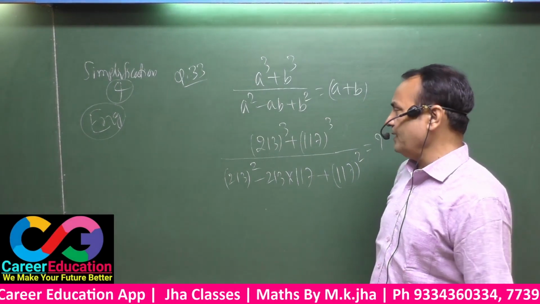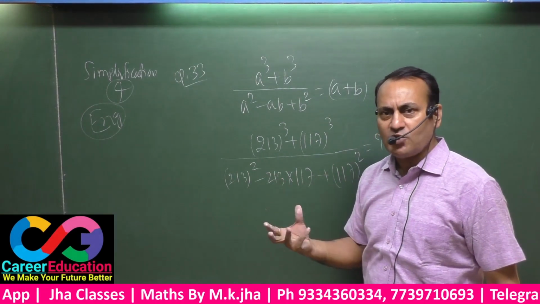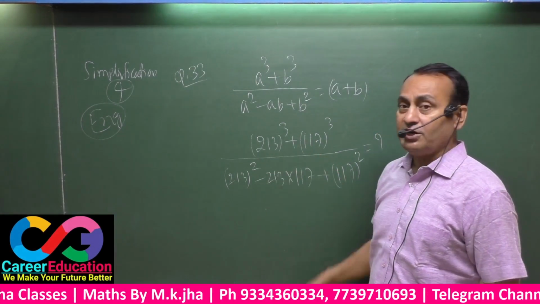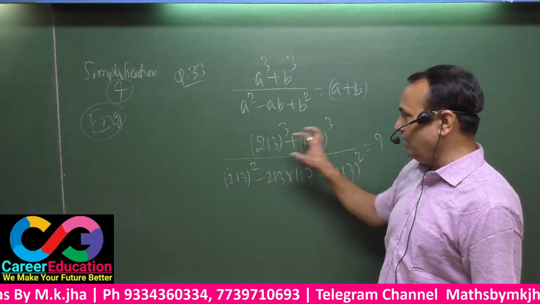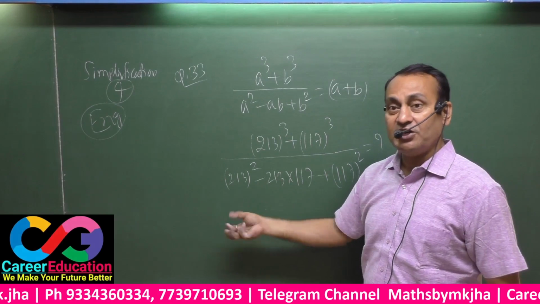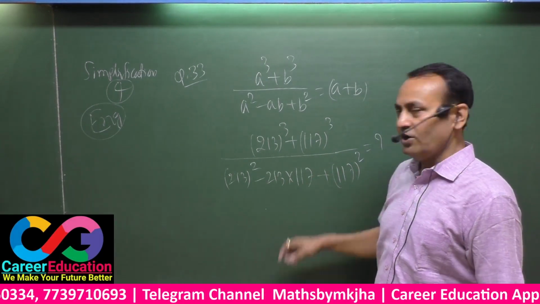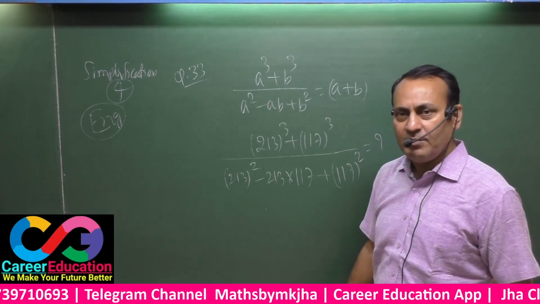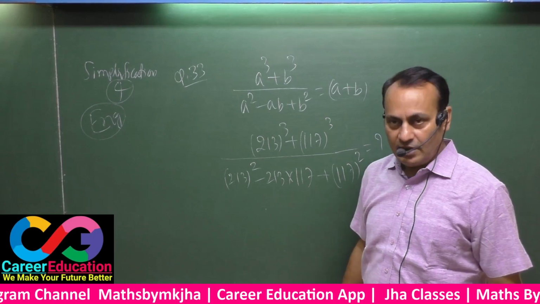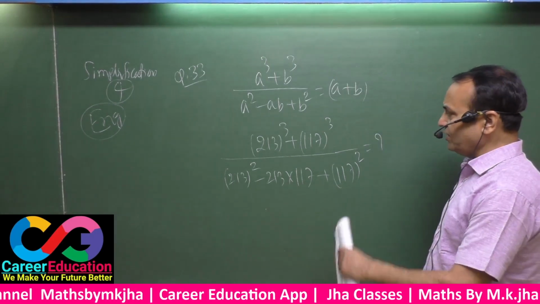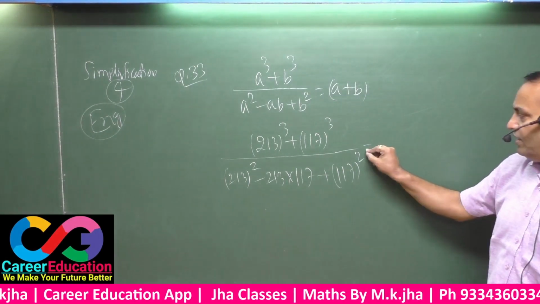If the question is this, certainly you can solve it like this: 213 whole cube can be worked out, 117 whole cube can be worked out, then both must be added. Here 213 square, here 117 square, and here 213 and 117 can be multiplied. Certainly you will get the right answer, but a lot of time will be killed here.